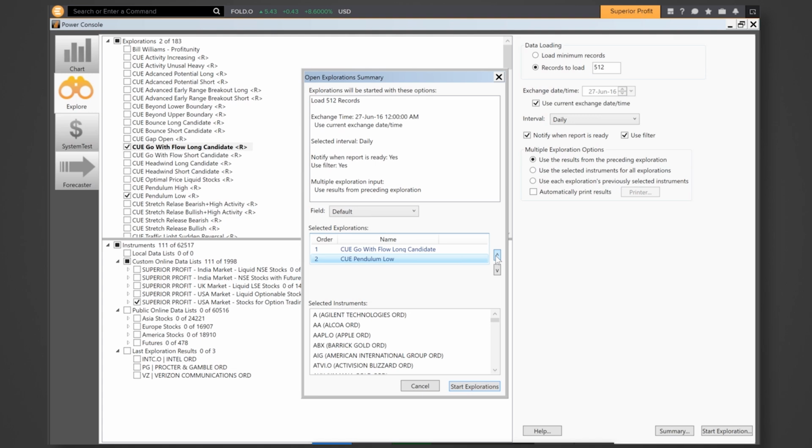now you have two. So we want to run pendulum low first, so just click the arrow. So now by this order, what it does, it runs the scanner on your stock symbol list, which in this case is the 111 symbols I chose here, but it could be your own list. It tries to find which are in pendulum low, and out of those it tries to find if there is a go with flow long candidate.